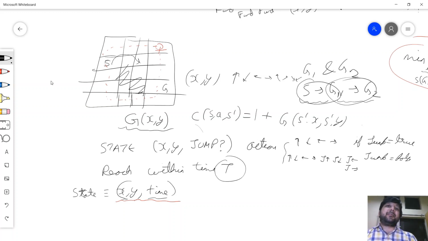So let's do that. My actions are up, down, left, right, and a special action which is called no action. In these problems which are time varying, sometimes just sitting at your own place for 1 unit, for 2 units of time is good. Map will become more favorable. As in, you are here, all these are obstacles.